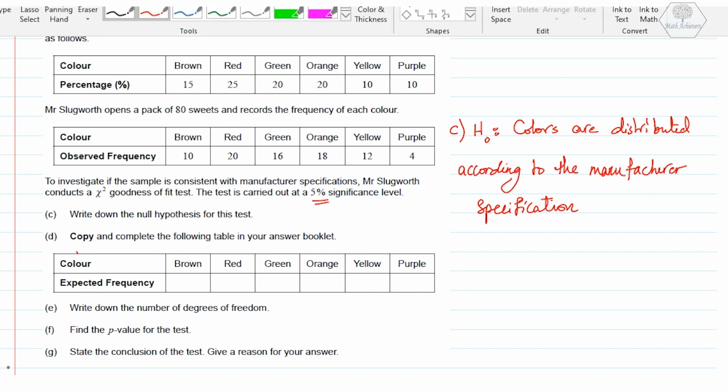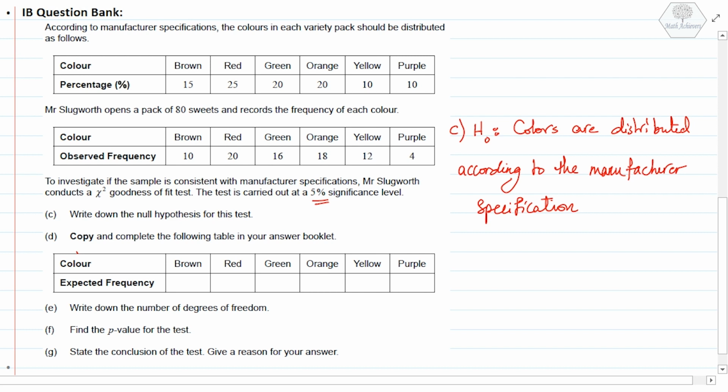The expected value is the percentage times the total.